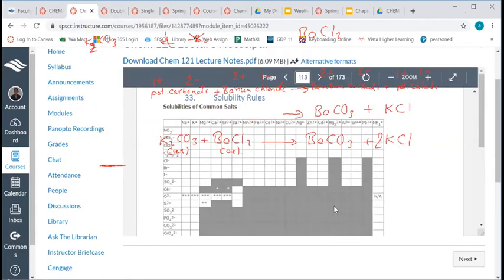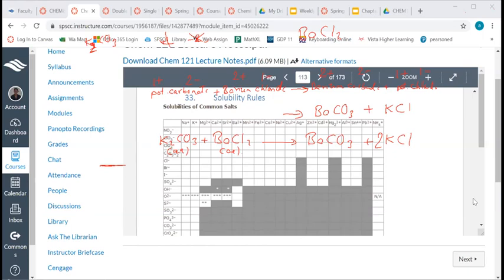Okay, now, so it is barium carbonate. So look over here, where is barium? It is right here, right? So we have barium here and carbonate is right here. Do you think barium carbonate is soluble or insoluble?